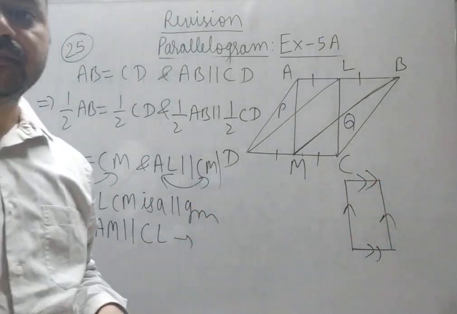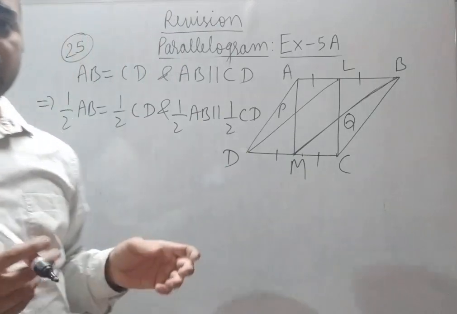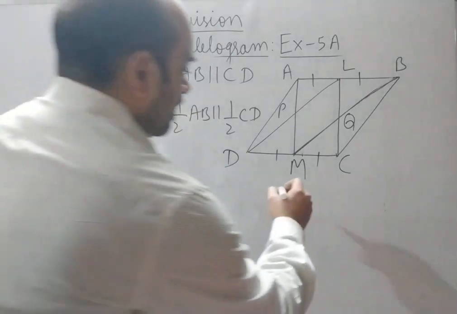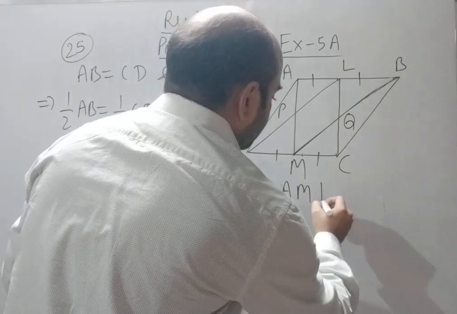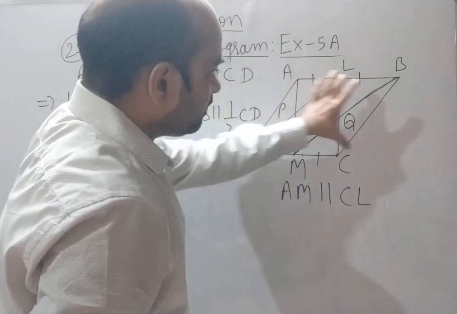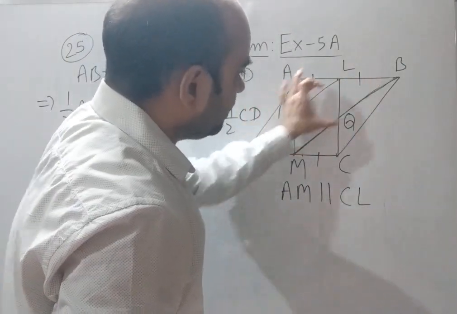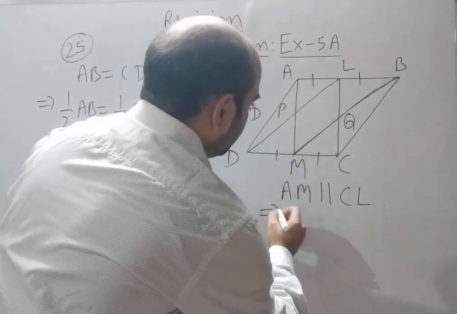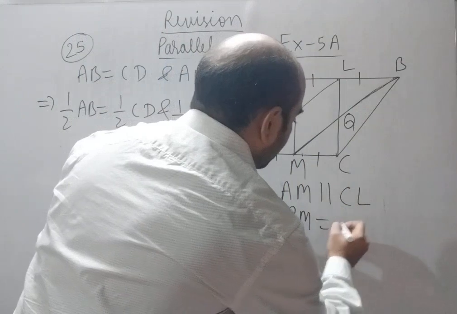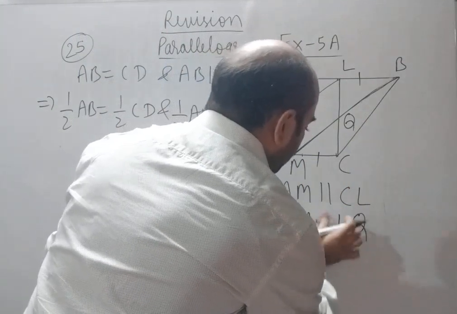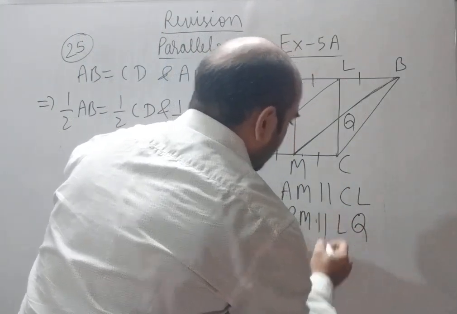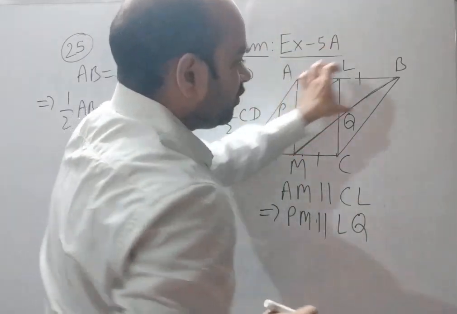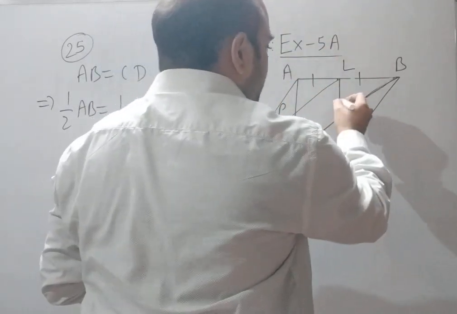Similarly, we have proved that AM is parallel to CL. If AM is parallel to CL, so these two parts will be parallel or not? See, AM is parallel to CL. So therefore, PM will be parallel to LQ. Correct? If these two are parallel, parts will also be parallel. It means these two are parallel.